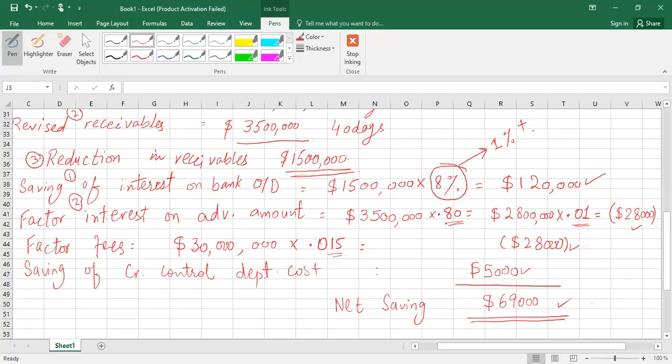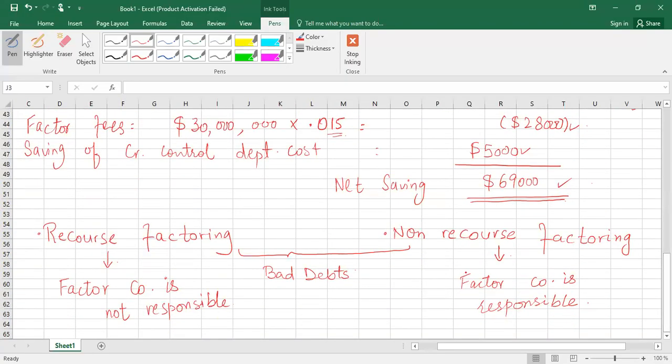Or if they are purchasing 70% or 85%, whatever receivables they are purchasing, now they are saying that we are responsible to recover this whole sum from your customers. If we could not recover, then it will be our failure and it will be considered as our cost, not yours. If we could not recover, then we cannot treat it as your loss. It will be considered as our loss.